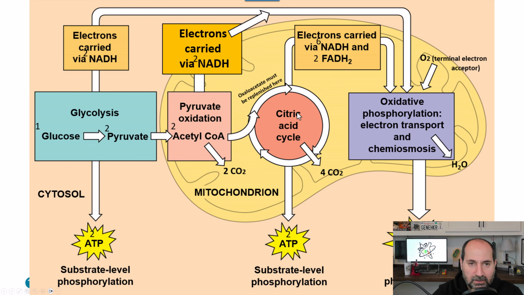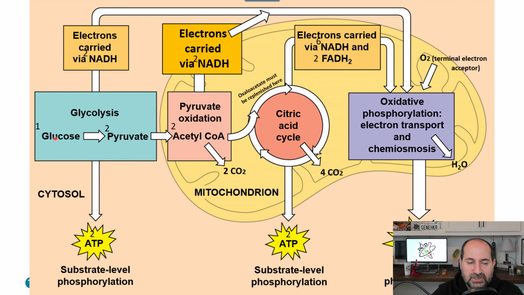So now recall that at this point, glucose has finally become totally oxidized. The 6 carbons on glucose have been released. 2 carbons here as CO2 and 4 carbons here as CO2. That's where the C's and the O's went. The carbons and the oxygens of glucose were oxidized. This was released as CO2.